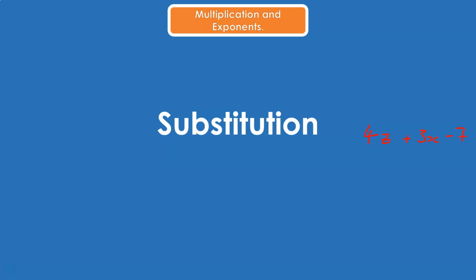And the key thing we need to think about is what we looked at last lesson, that 4z is actually 4 times z, and 3x is actually 3 times x. Actually, that's probably the perfect time to talk about it.